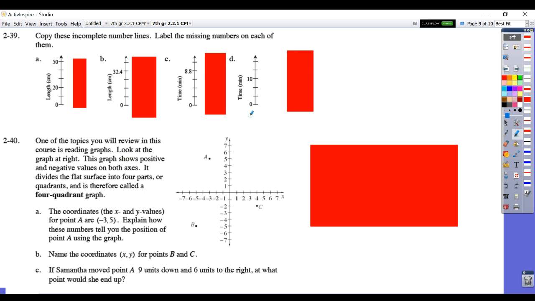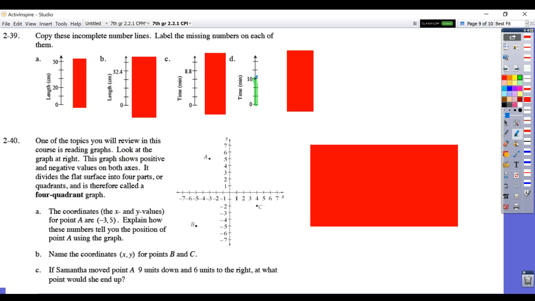All right. If you look at these, one of the more challenging ones is probably part D, because it goes 0, a tick mark, 10, and then 2 more tick marks. Well, as we've told you before, if you are looking to figure out what those tick marks are, you want to count the number of spaces, which is 3. There's 3 spaces between 0 and 10. So you have to go a total length of 10.